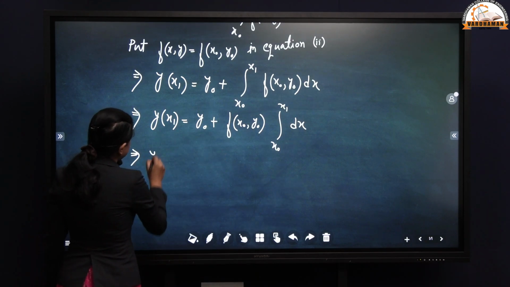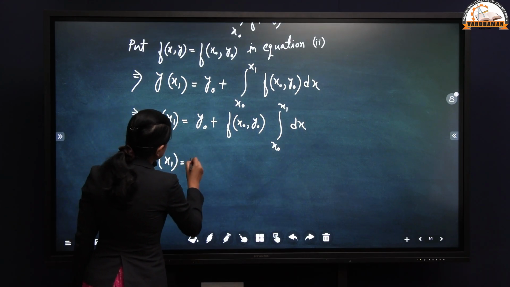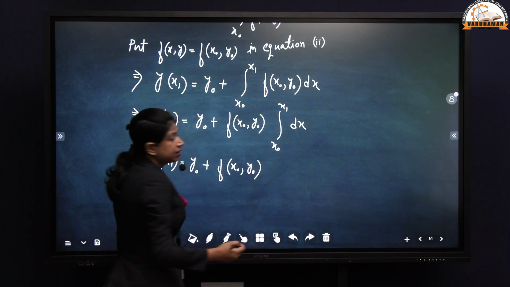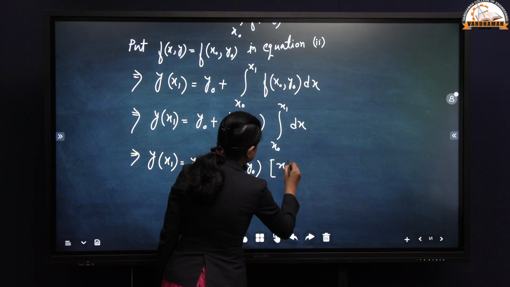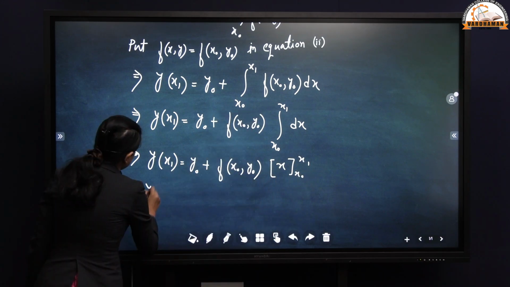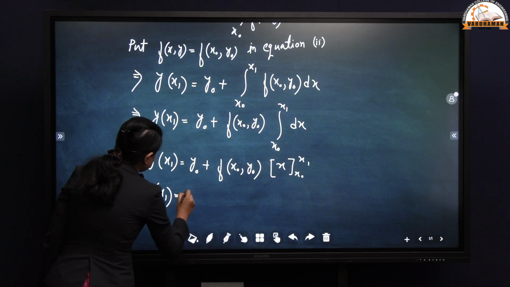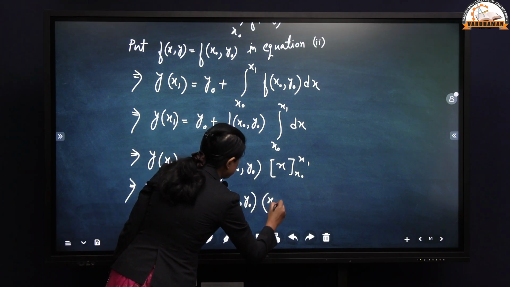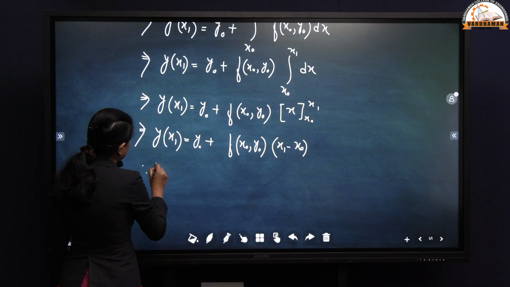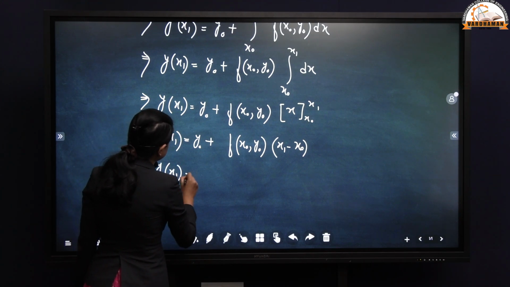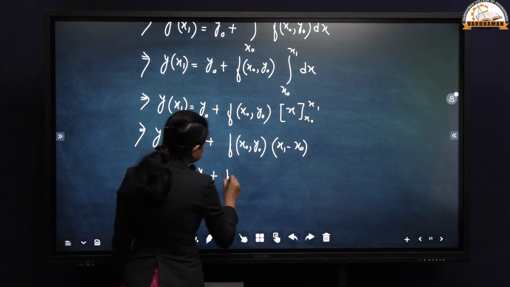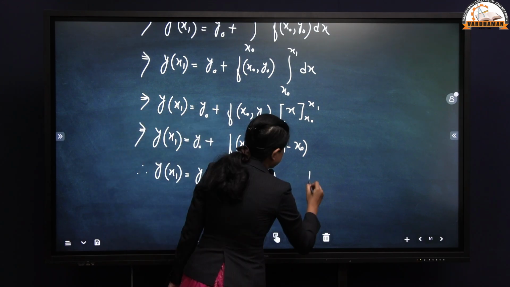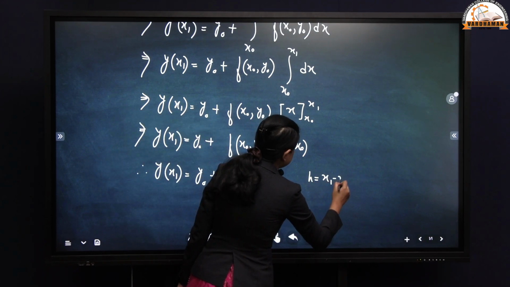So we get y of x1 equal to y naught plus f of x naught comma y naught, and here we will get x, limits are x naught to x1. So y of x1 is equal to y naught plus f of x naught comma y naught times x1 minus x naught. Therefore, y of x1 is equal to y naught plus h into f of x naught, y naught. Why h? Because h is equal to x1 minus x naught.